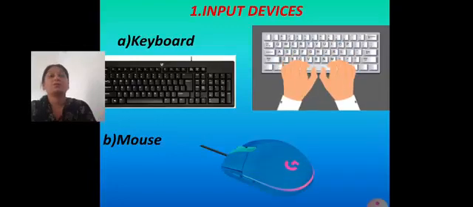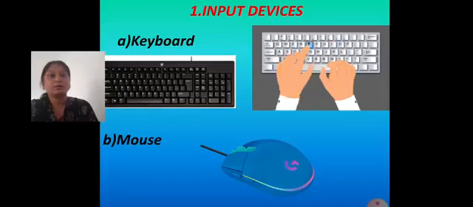Second one, mouse. The mouse helps us to point at something, or to draw anything on the computer. A mouse has 2 buttons, a left button and a right button, and one scroll wheel also.